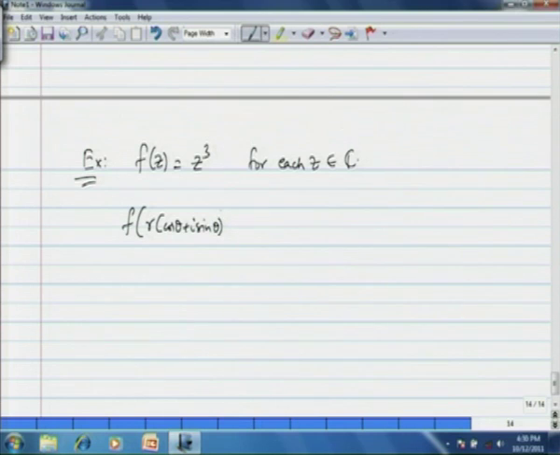So, if I take a point r times cosine theta plus i sin theta, which is z, then the image of this is going to be r cube times cosine 3 theta plus i sin 3 theta. So, f can be visualized as follows.